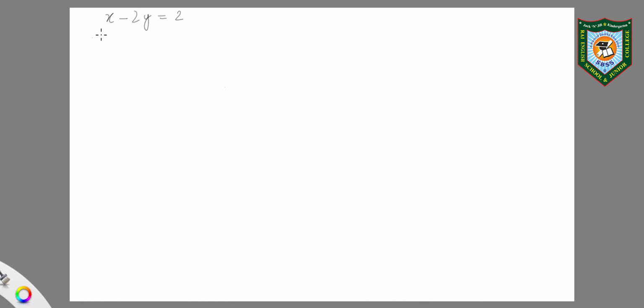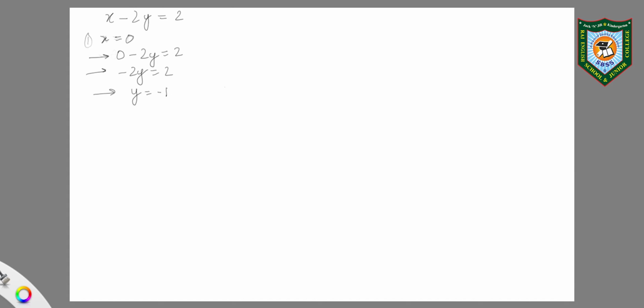Let's assume in our first case x is equal to 0. So when x is 0, I have 0 minus 2y is equal to 2, which gives me minus 2y is equal to 2, which gives me y is equal to minus 1.